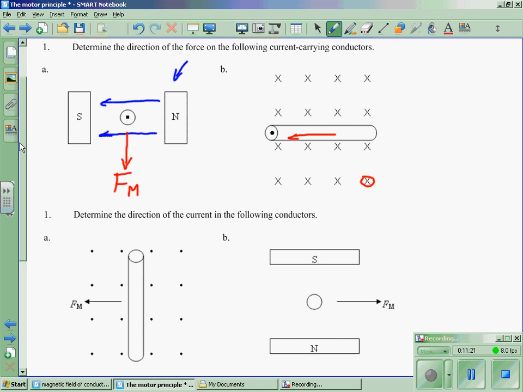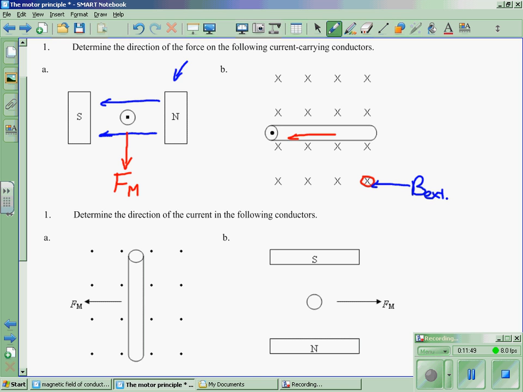Well, in this case, X's always, again, represent things going away from you. So these X's, in this particular example, actually represent the external magnetic field. So the external magnetic field, and you have to think three-dimensionally here, is actually going towards the screen and away from you.